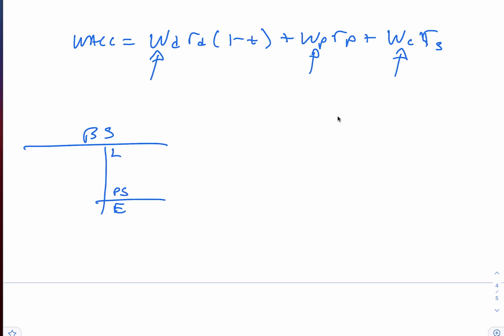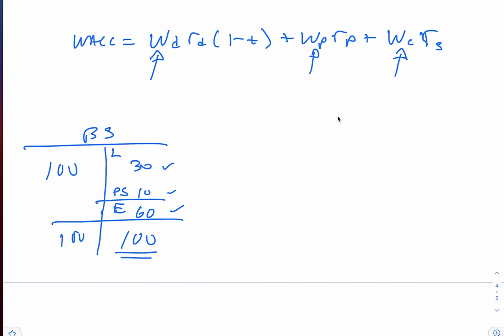In the example we just covered, bonds were 30%, preferred stock was 10%, equity 60%. So if the market value of the firm was 100 and the assets were worth 100, then this would make sense. This is all based on market values, not book values. So this would mean the value of the firm based on market values is $100.